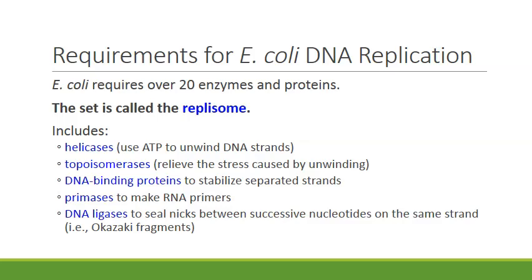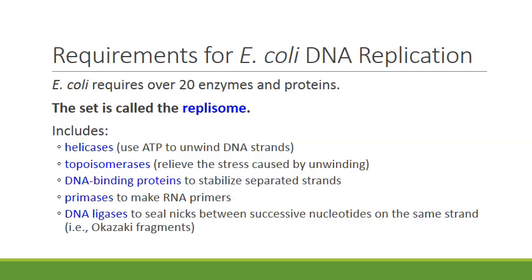We have topoisomerases, and if you think about when we have two circular structures being replicated together, it tends to cause coiling up in the DNA, and so we have enzymes that come in there and nick the DNA and are able to unwind it. We have DNA binding proteins, including those single-stranded binding proteins that I just talked about, that help stabilize those DNA strands once they are no longer in the double helix.